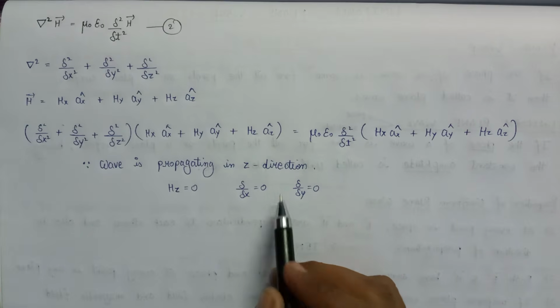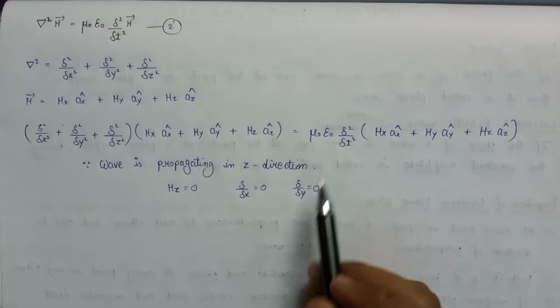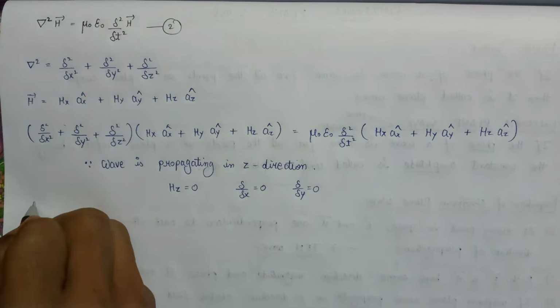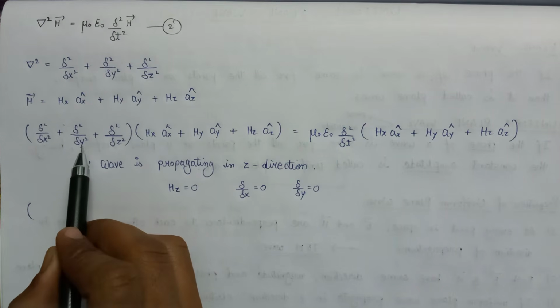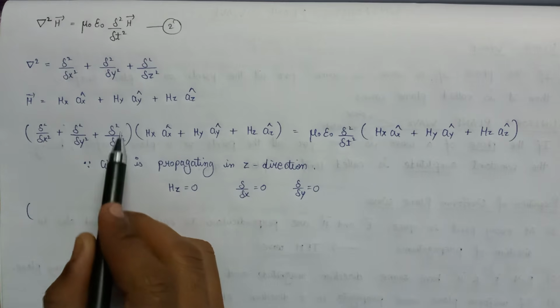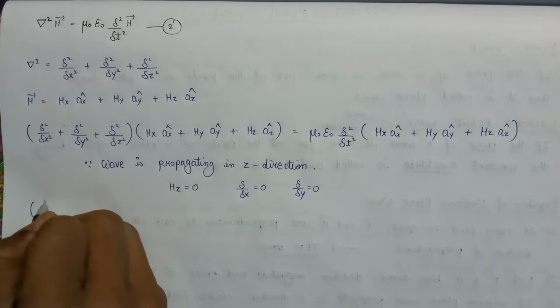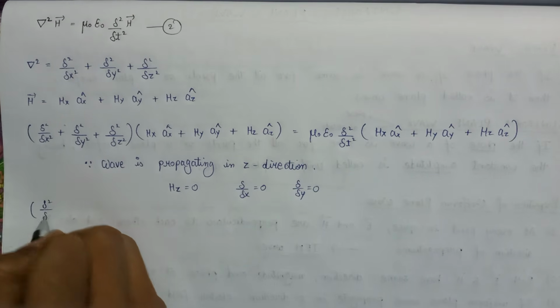Applying these three conditions in the above expression, we get our modified expression as, since del 2 over del x square is equal to 0, del 2 over del y square is equal to 0, the remaining term is del 2 over del z square.